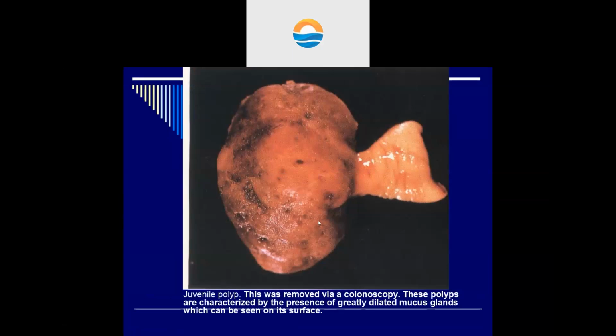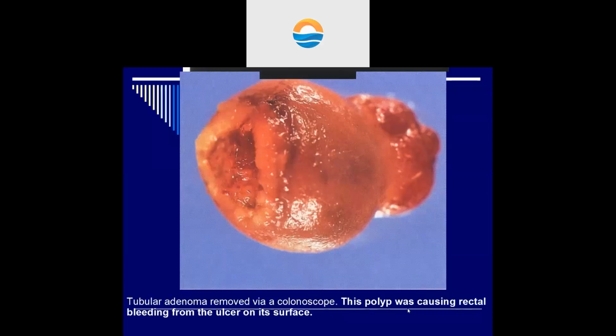Juvenile polyp, this was removed via colonoscopy. These polyps are characterized by the presence of greatly dilated mucous glands, which can be seen on the surface. Here you see the tubular adenoma removed via colonoscope. This polyp was causing rectal bleeding from the ulcer on its surface.